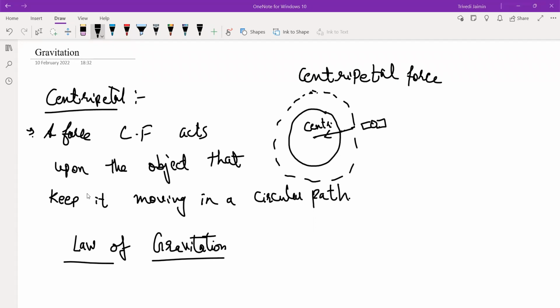Sir, any particle of matter in the universe attracts any other particle, inversely proportional to the square of the distance between them, and directly proportional to their masses. So that is the force of gravitation.